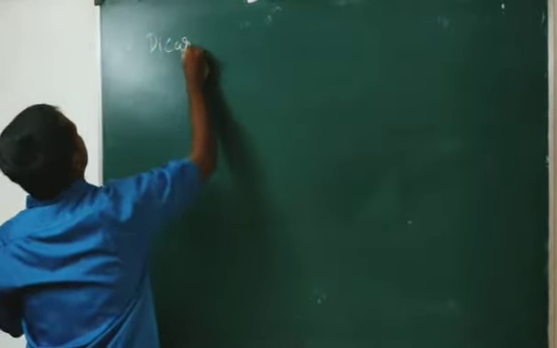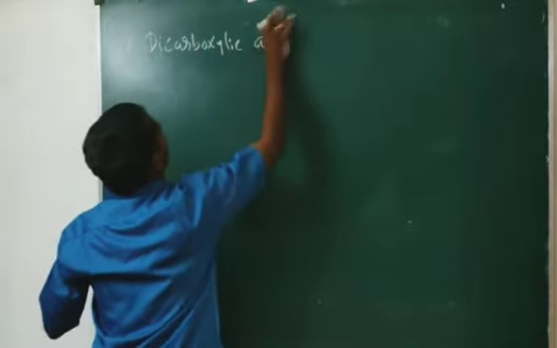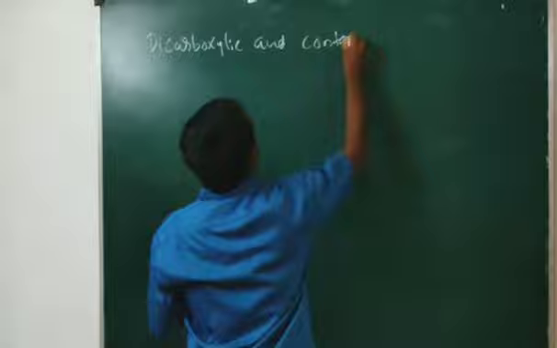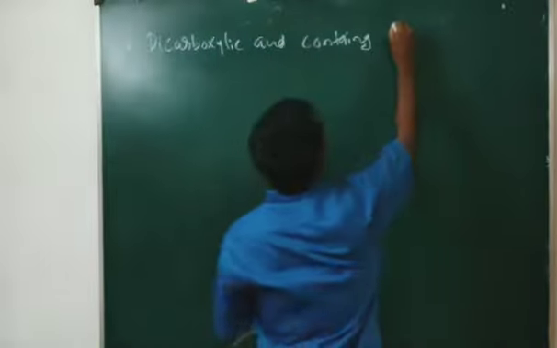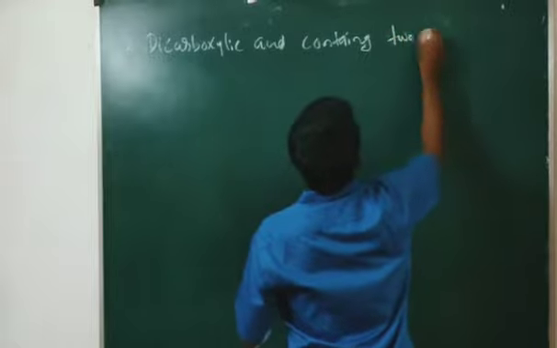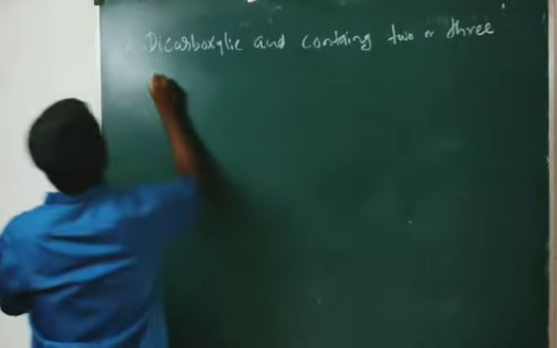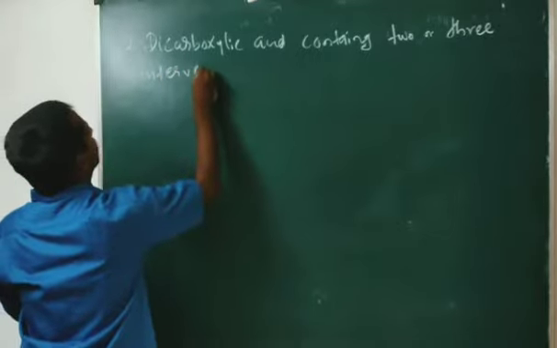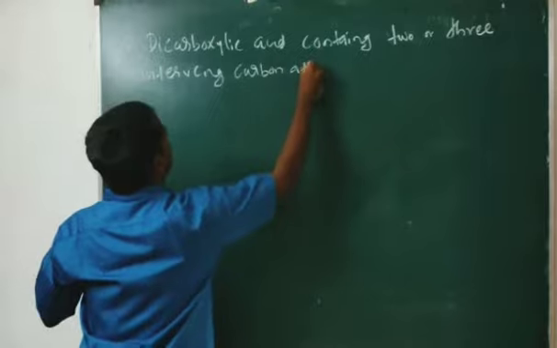Second one, dicarboxylic acids. Dicarboxylic acid containing, so 0 and 1 is over, containing 2 or 3 intervening carbon atoms.